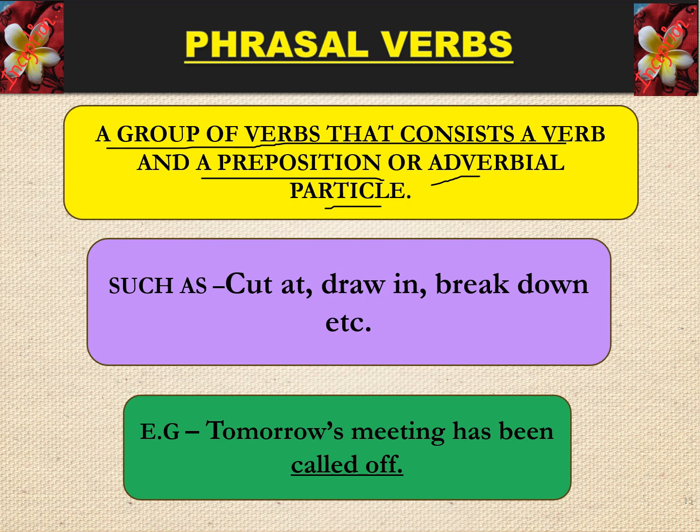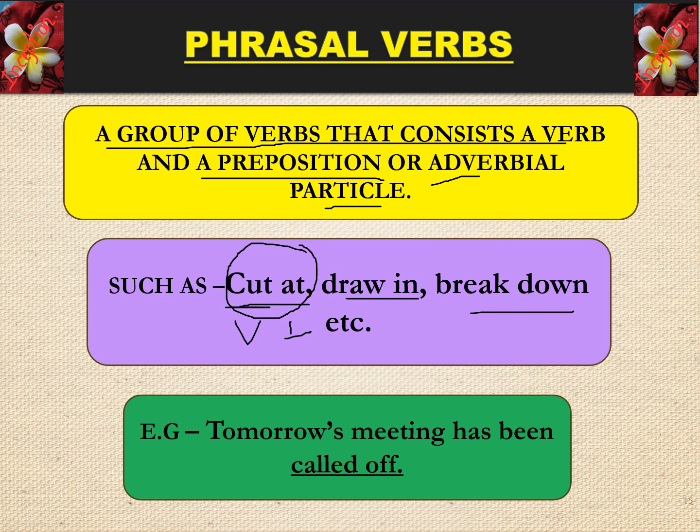The first one is a verb, and the second one will be a preposition or an adverbial particle, such as cut at, draw in, break down, etc. So if we see that the first term, this one is a verb, right? First one is a verb and second one is a preposition or sometimes an adverbial particle. Okay, we'll see some examples.